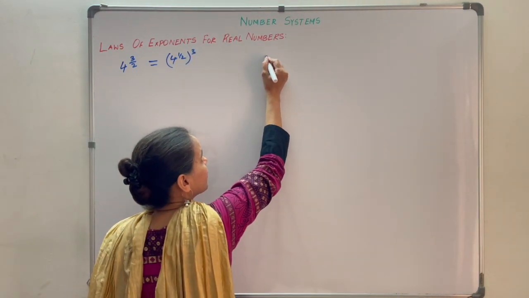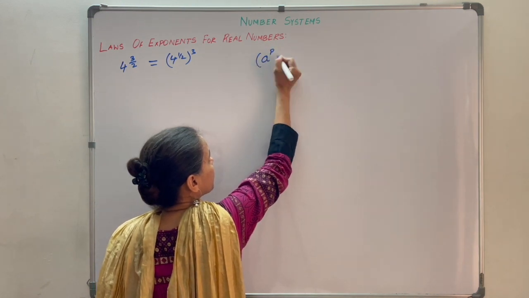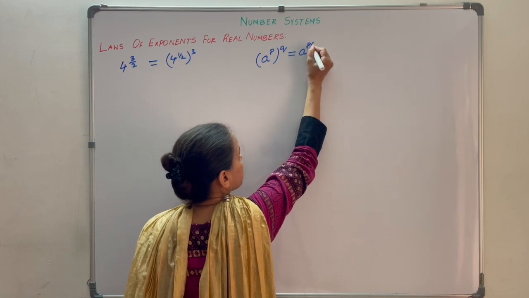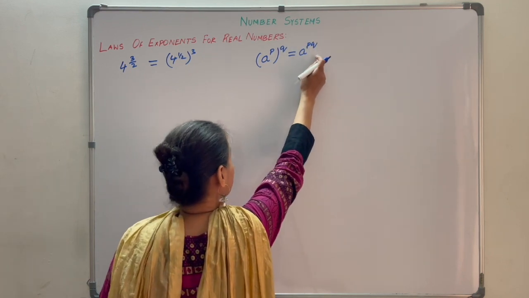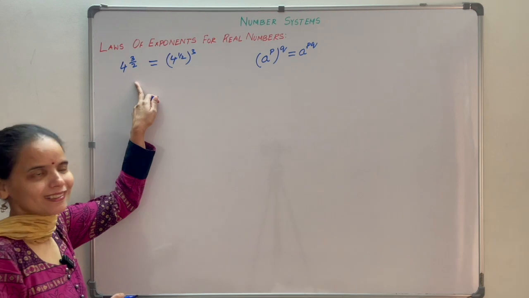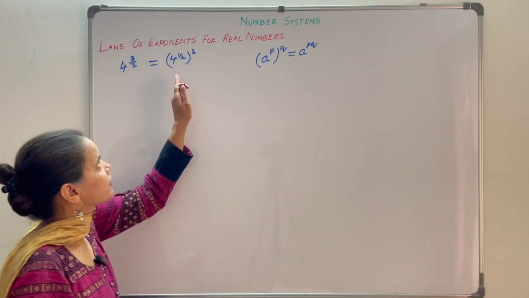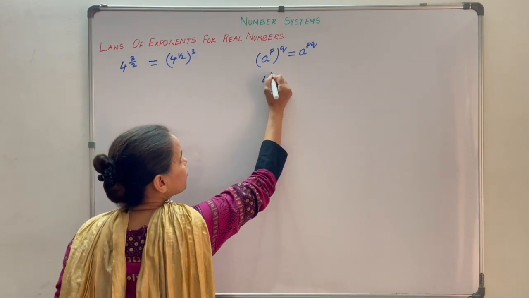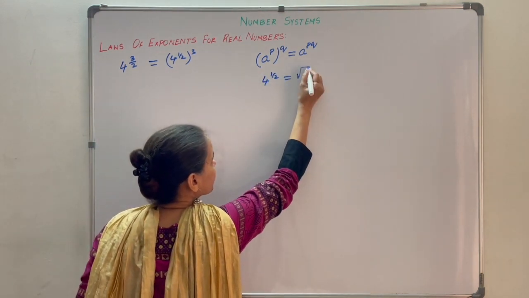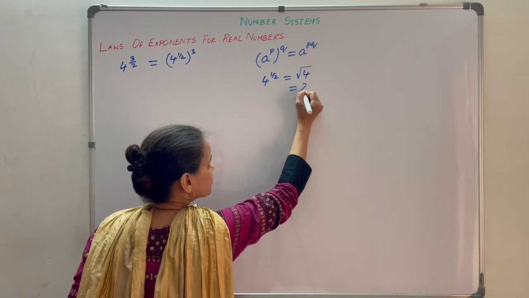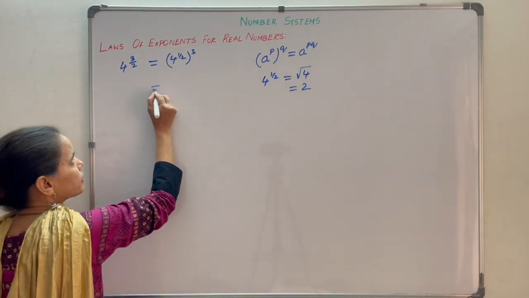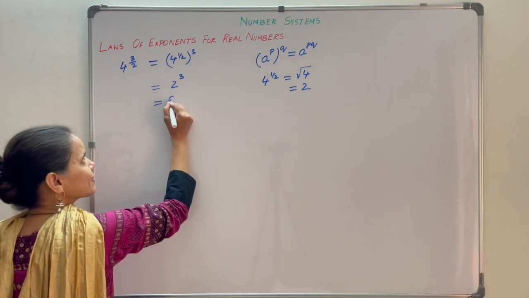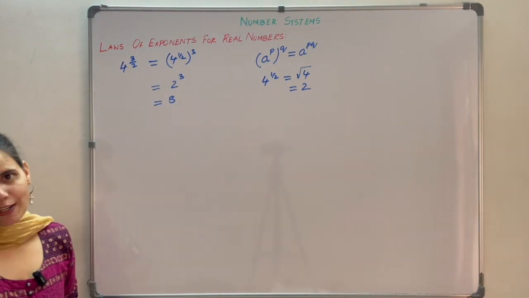Using this law: A raised to power P whole raised to power Q is equal to A raised to power P into Q. You know that 4 raised to power 1 by 2 is nothing but square root of 4, and that is 2. So inside the brackets we have 2. Now you have 2 cube, and 2 cube is 8. So this is one way of solving.